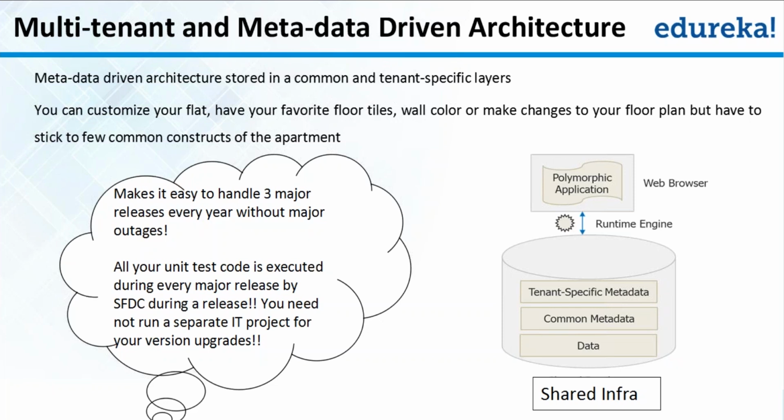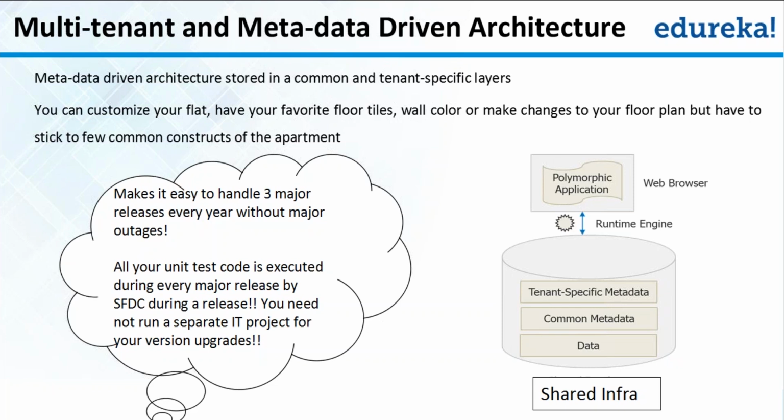And the reason they have done this, if I got to give a comparison, right? Let's say you have a large apartment with multiple people, different flats. You do have a flexibility to rearrange your flat layout, right? But certain things you cannot completely realign, say for example, your plumbing, your pipelines or your kitchen.